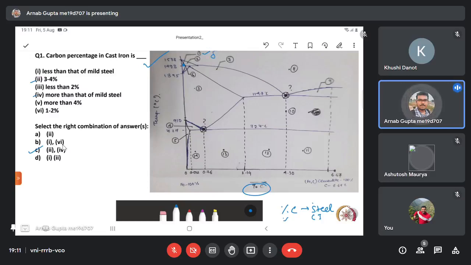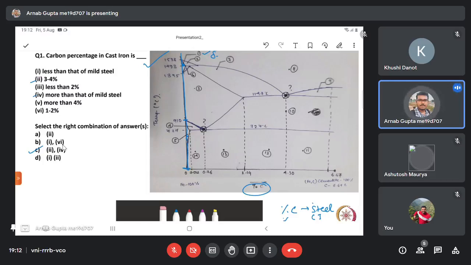It's delta iron, right? It's the delta phase of iron. So this line represents 100% iron. From 0 to 910 degrees Celsius, iron exhibits a particular phase which is called alpha phase. So this 5 is basically alpha phase. What is this nature called, exhibiting different crystal structures or different properties at different ranges of temperature?